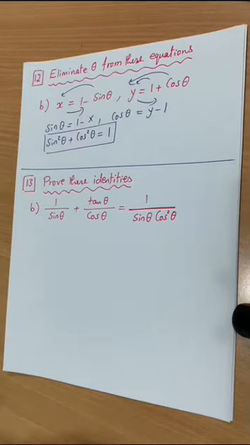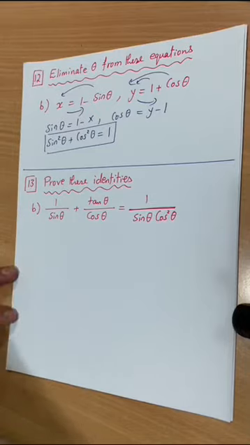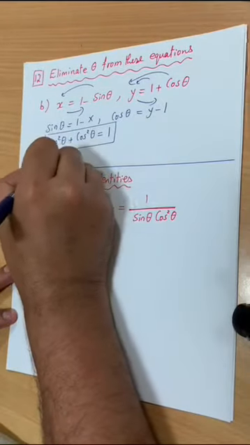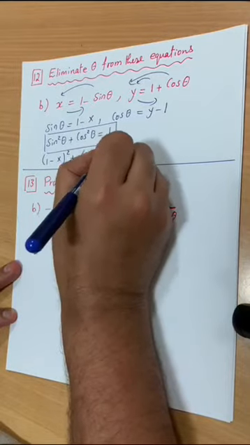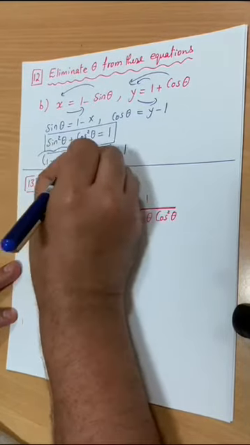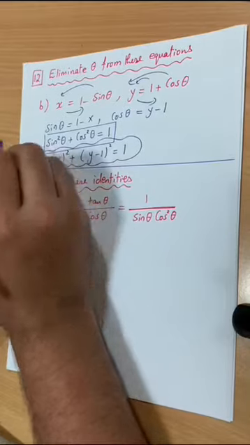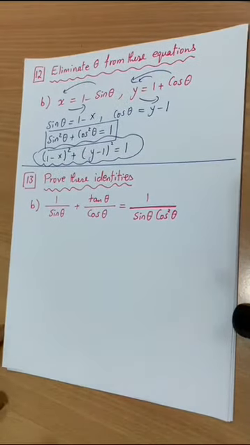You don't have any value for the tan here. So sine is 1 minus x, squared, plus cosine, y minus 1, squared, equals 1, and that's it. This is the final answer without the existence of theta.